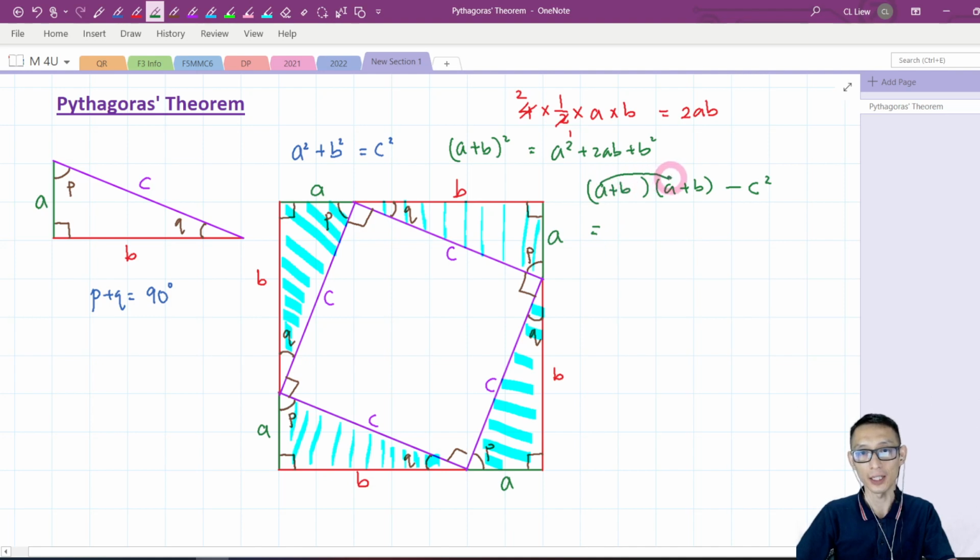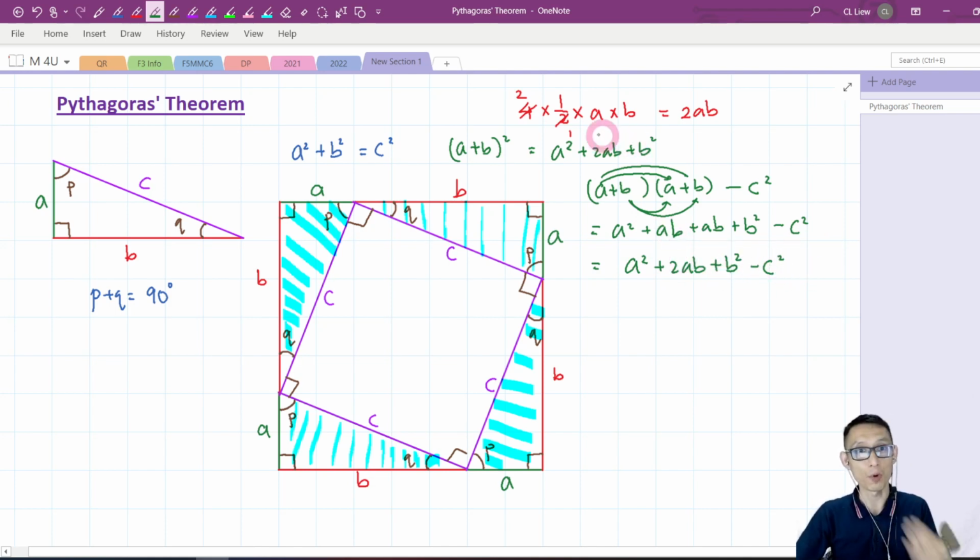Now, A times A, you get A squared. Positive times positive gives positive, so plus AB. Here do the same thing, plus AB. And the last one will be plus B squared. And don't forget minus C squared. So this will be A squared plus 2AB plus B squared minus C squared.